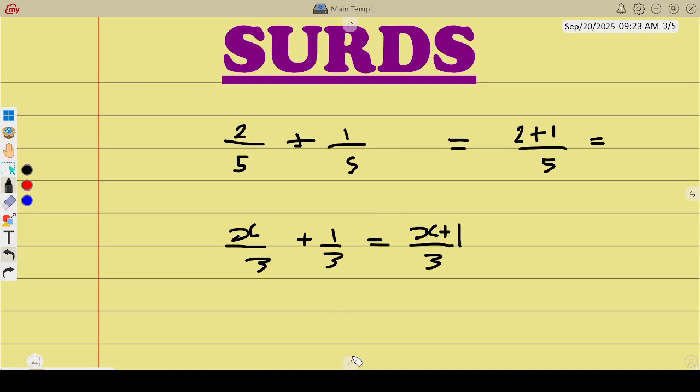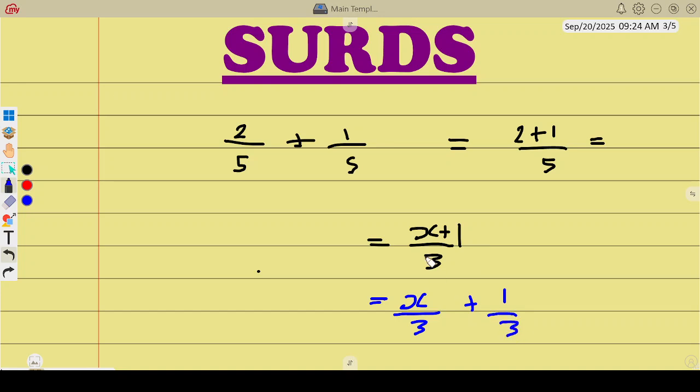The reason we have looked at this is so that we can work backwards. In this case, we can actually separate because we can see we have 2 things on top. We can write this as x over 3 plus 1 over 3.